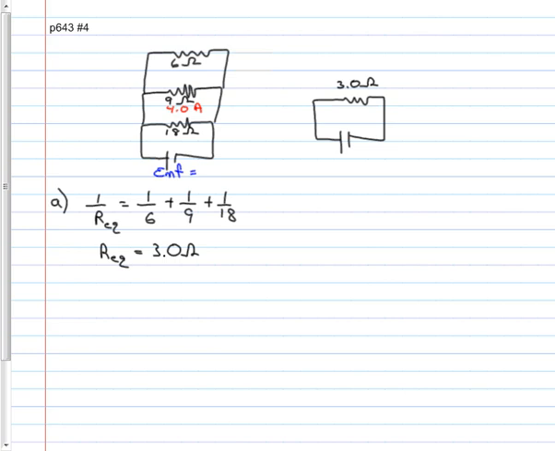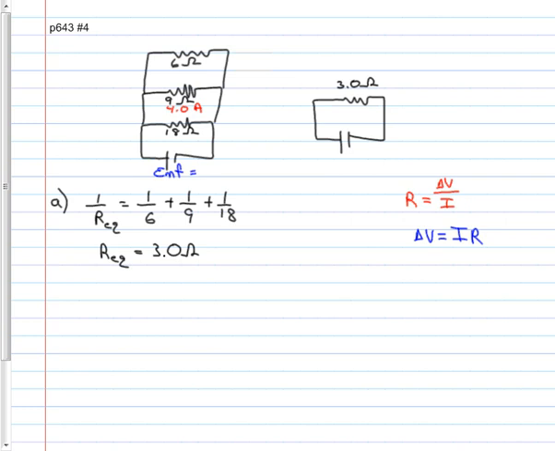Ohm's law starts this way: resistance equals potential difference over current. So if you're solving for potential difference, it's just current times resistance. Anytime I know two of these three, I can figure out the other one.